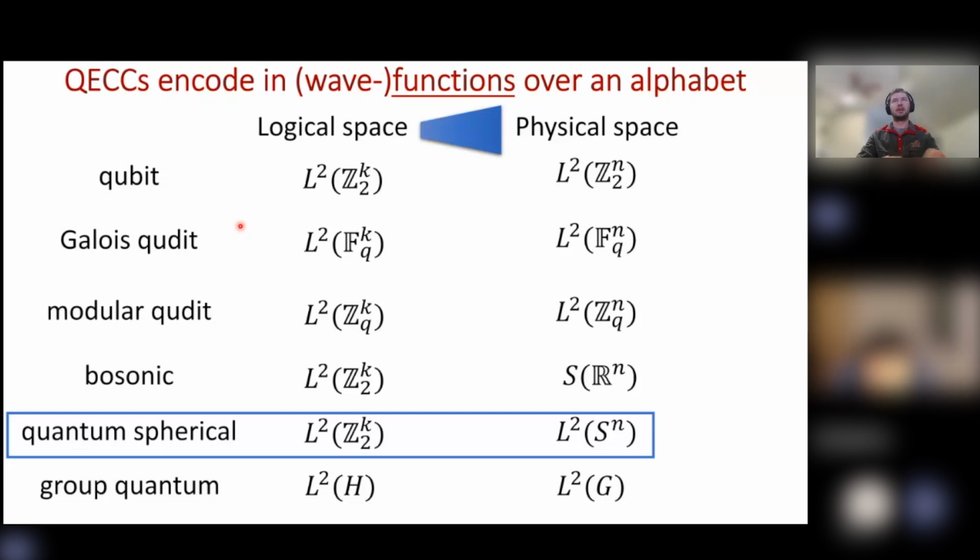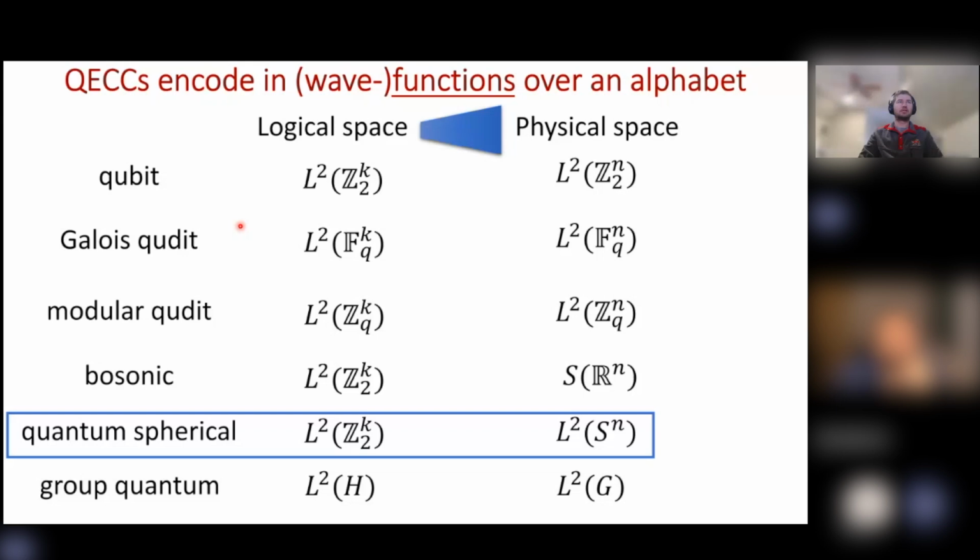You notice the bosonic one has an S. We can talk about that if you ask a question, but basically it just deals with physically reasonable functions on the alphabet. And the alphabets, again, can be upgraded. Any alphabet can be upgraded to quantum. So the binary alphabet corresponds to qubit codes. The F_q alphabet corresponds to Galois qubits. Z_q corresponds to modular qubits. I made those names up because I wanted to differentiate between the two.